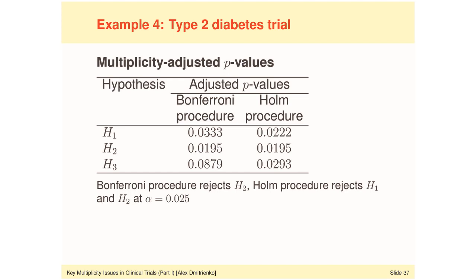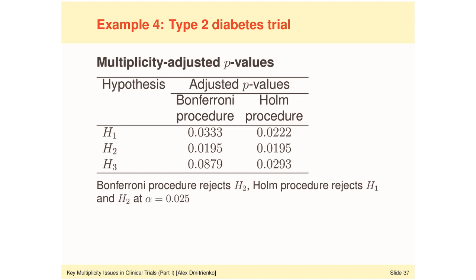The same principle applies to the adjusted p-values for the Holm procedure. When we review those values shown in the rightmost column, all we have to do is compare each one of those adjusted p-values to the alpha of 0.025, and you can easily see that the Holm procedure rejects H1 and it also rejects H2, but the adjusted p-value for H3 is above the alpha.